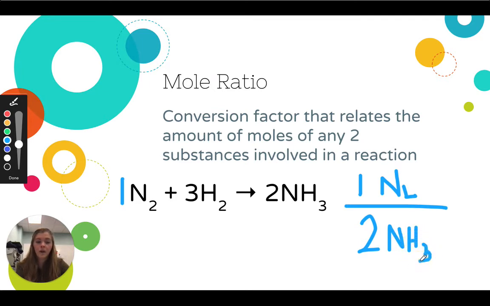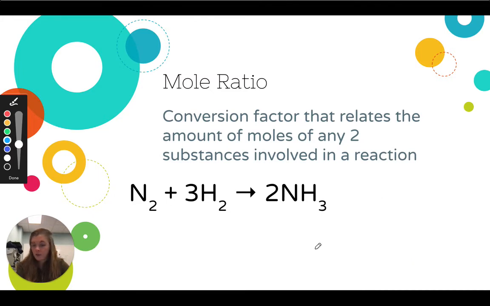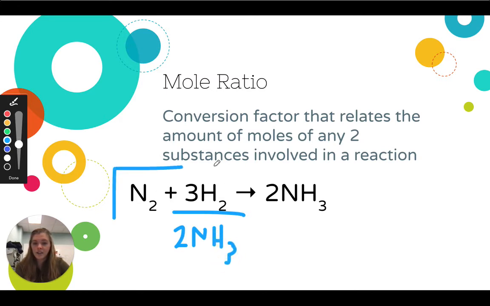Okay, that would be 1 mole ratio we could make. Can you think of another mole ratio? Maybe you did 3H2 over 2NH3. Okay, so comparing our other reactant to our product. Just as a reminder, our reactants are on this side of our equation, and our products are over here.